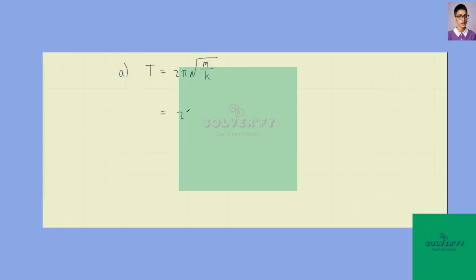This is 2 pi times the square root of the mass of the object that is oscillating, 785 grams or 0.785 kg, divided by the spring constant of the spring, 184 newtons per meter.